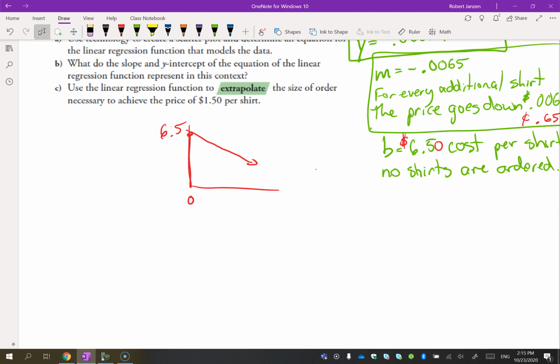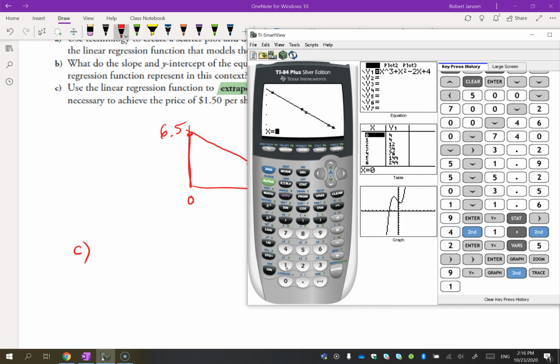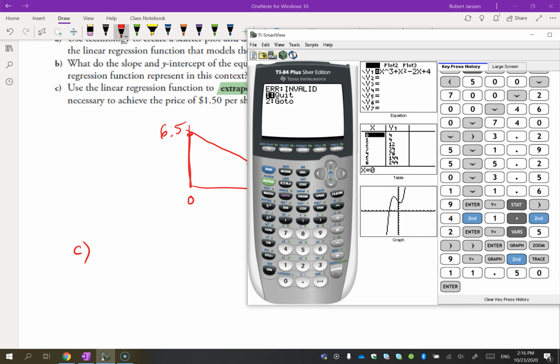Now, part C, it says, let's extrapolate. So I'm going to go over here. This is what the graph looks like. What I'm going to do is go here to value and say, when is it going to be $1.50? So why doesn't this work?